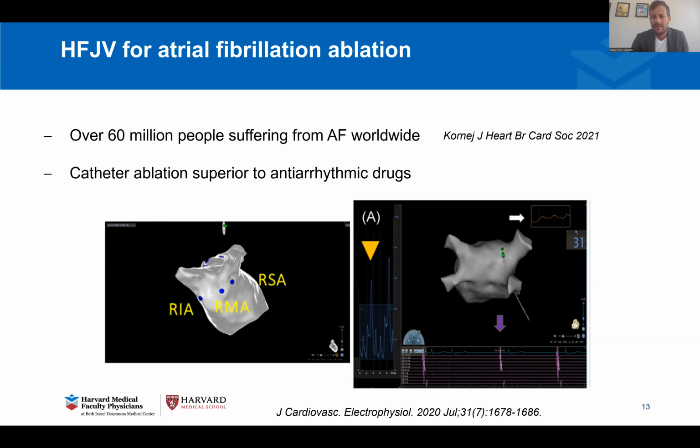And when these areas are electrically isolated, that severely reduces the risk of subsequent atrial fibrillation. And these patients are usually in sinus rhythm and have intermittent AFib. And then post-procedural, the risk of recurrence is dramatically lower, but it's not zero.